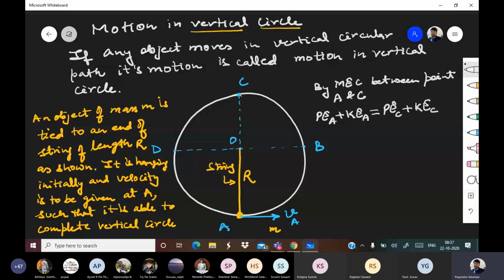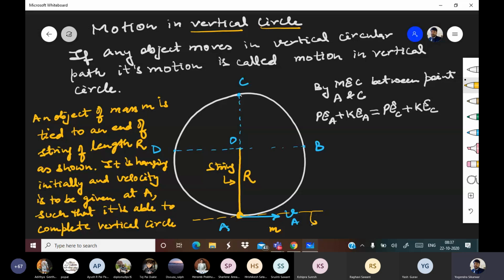Now we are also assuming that this is the reference line. The reference line is passing through A. What is the significance of that? That means at point A the potential energy will be 0. So PEA will become 0.